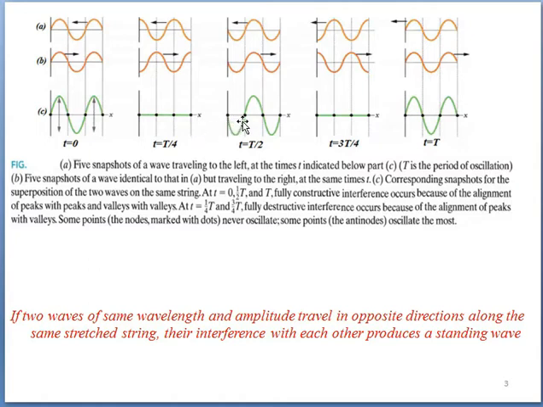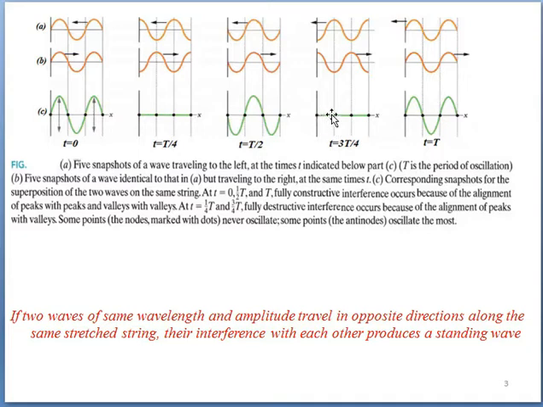If we go further in time, that is after t equal to 3T by 4, again the valleys of this wave and the crests of the other are at the same positions. So again they cancel the effect of each other, and you see that the net result is 0. That is, the displacement of the resultant wave is 0.